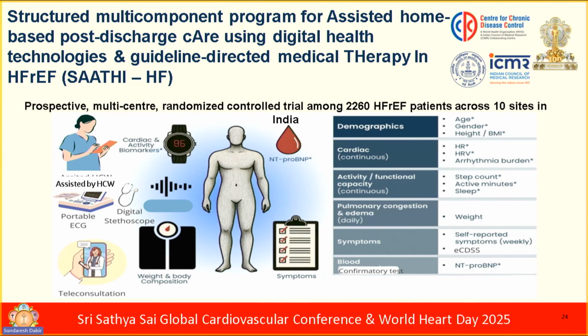It takes all this information and can predict the rise of NT-proBNP within the next 2 weeks. Can we use this and get the patient into the hospital or initiate treatment before they spiral into complications and die? So this is going to be a cluster randomized trial of around 2,260 patients funded by ICMR. And these are the things that we need to think of as we move along in terms of cardiovascular disease prevention.